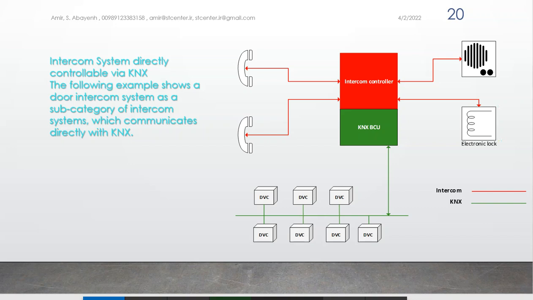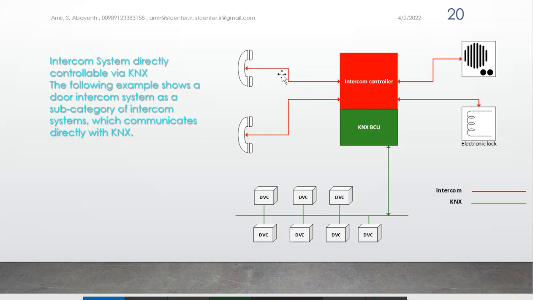Great. So let's go to the intercom in KNX applications. Intercom system directly controllable via the KNX. You can see it here. The following example shows a door intercom system as a subcategory of intercom system which communicates directly with the KNX. Here you can see the intercom is directly connected to the KNX. The intercom comes with the bus coupling unit inside of it.